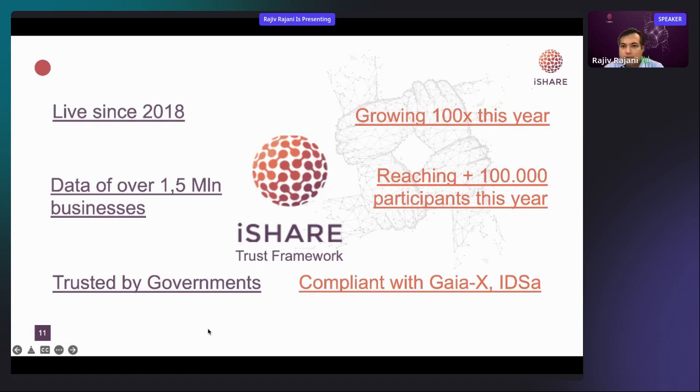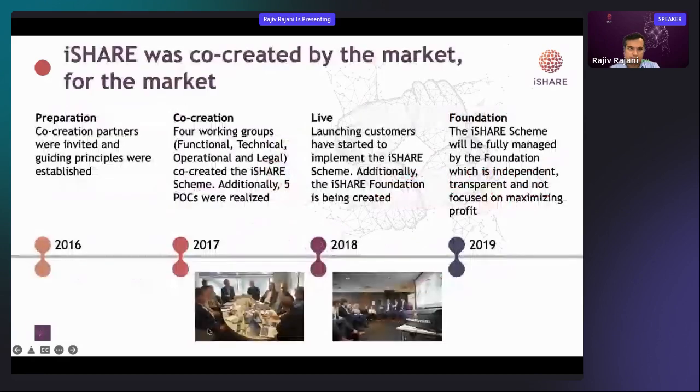It's growing very rapidly because governments and other organizations are adopting it. And of course it is compliant with the architecture of GAIA-X and IDSA, which are trying to do similar things, but basically iShare complements or completes those architectures in terms of the trust framework elements.